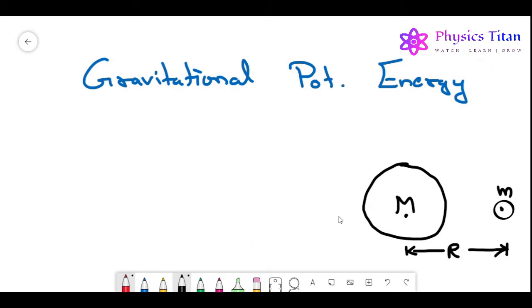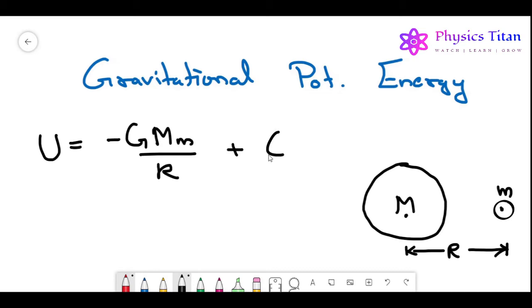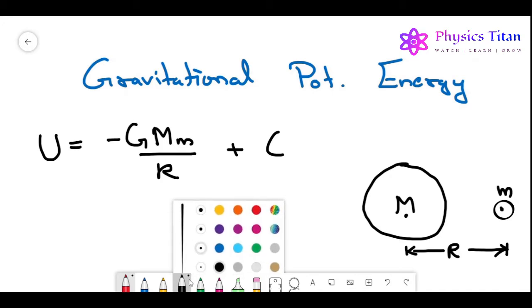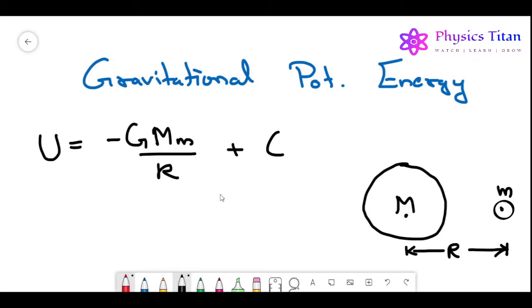The gravitational potential energy of these two masses is given by U equals minus G M m upon r plus a constant. This constant is arbitrary, and we all know that the gravitational potential energy has its meaning only when it is compared to the gravitational potential energy at another point.